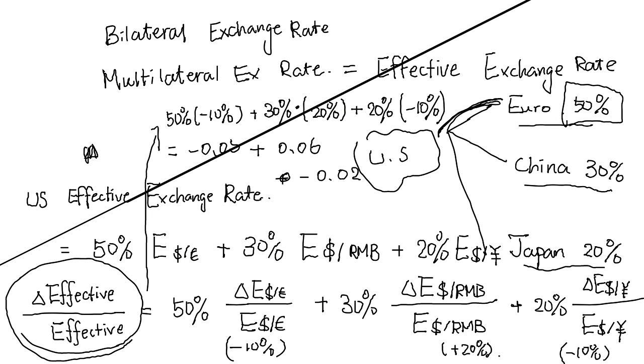So that's equal to negative 0.01. That means the effective exchange rate of the US dollar is appreciated by 1%. So is that clear?